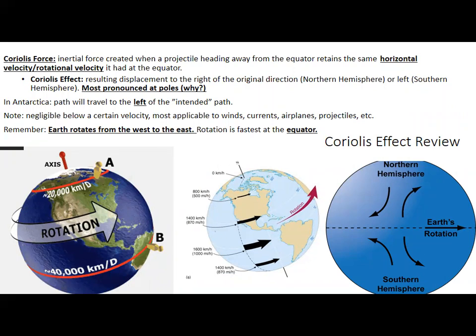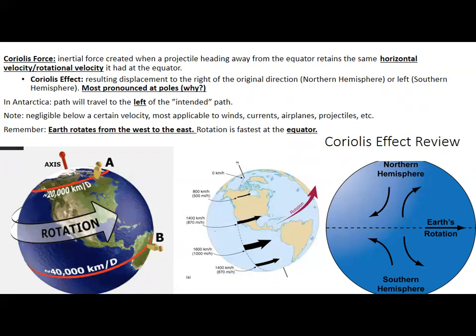Like, the airplane was on the ground and it was rotating with the rest of the Earth. It was rotating at the rate of the equator when it was on the ground. And then when the airplane leaves the ground and heads south towards the South Pole, it actually conserves that original spinning velocity it had at the equator. What's happening is that it's going to end up overcompensating.